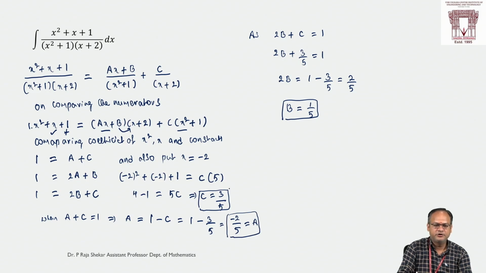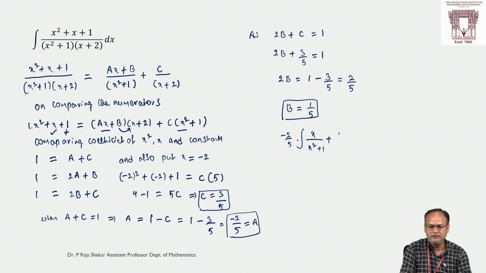So substituting all these here and integrating separately, you will be getting integration of x square plus x plus 1 divided by x square plus 1 into x plus 2. So what is A? A is equal to minus 2 by 5 into integration of x by x square plus 1, plus B. What is B?